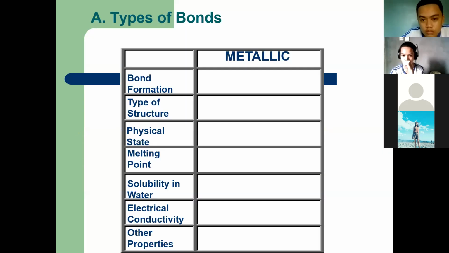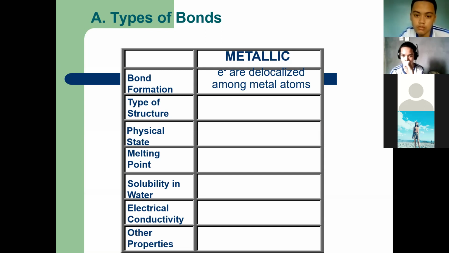The second type of bond is metallic bond. Metallic bond is present among metals. An example of which is an alloy. An alloy is a combination of two metals.